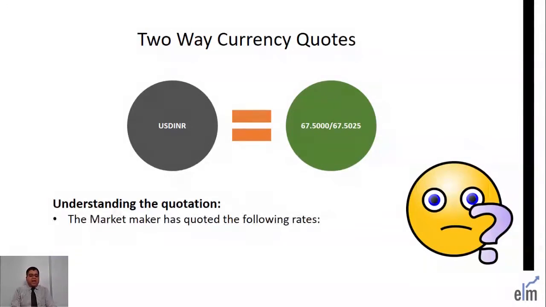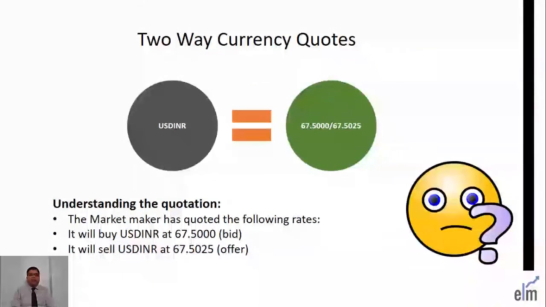It means that the market maker is willing to buy the US dollars at 67.5000. So that is the bid price it is quoting, and it is willing to sell the US dollars at 67.5025 INR. So that is the offer rate that it is providing.